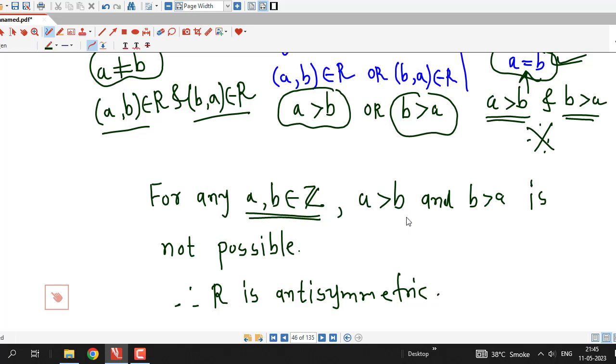It is not possible for the same elements also. If a equal to b, then also this is not possible. Therefore, this relation is antisymmetric.